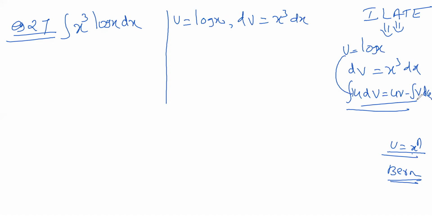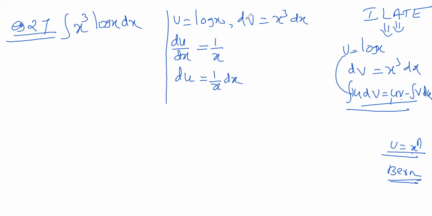Now, u we know, dv also we are given, x cube dx. So we want to find u, v and v du, correct? u is equal to log x. Now find du by dx. What is du by dx? 1 by x. From this du is equal to 1 by x into dx.